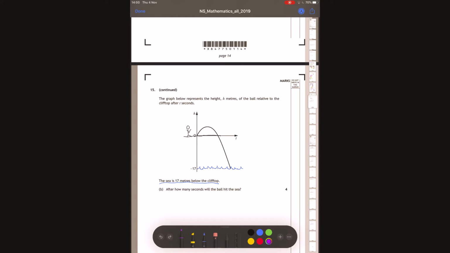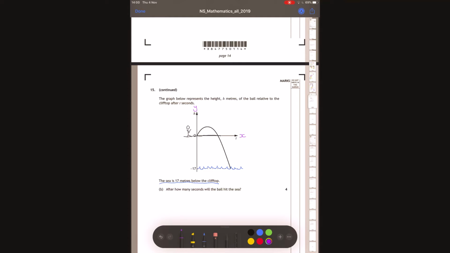Now, the sea: after how many seconds will the ball hit the sea? What does that actually mean? So we know that t represents seconds. So we can think of t as our x-axis and height as our y-axis. So after how many seconds will the ball hit the sea?